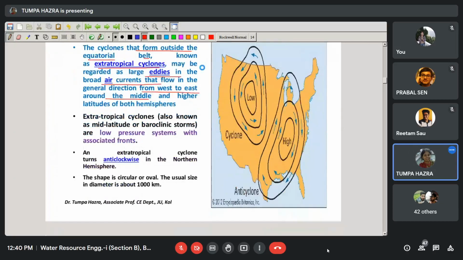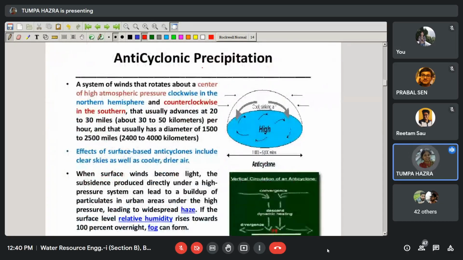Okay. And lastly, the anticyclone. Here, it is opposite. These are basically regions of high pressure, usually of large areal extent. For a tropical cyclone and extratropical cyclone, in both cases, I have told you that the mean sea level pressures are very low, around 915 millibar.